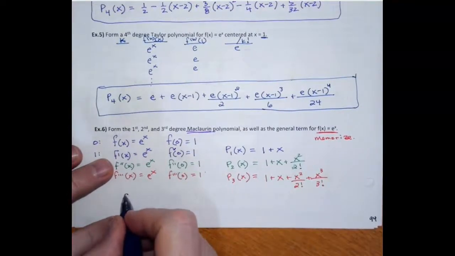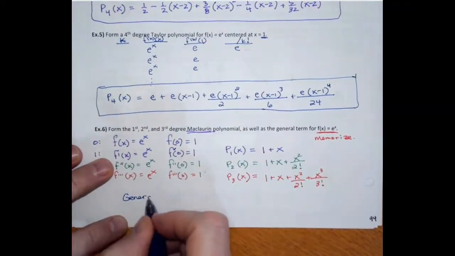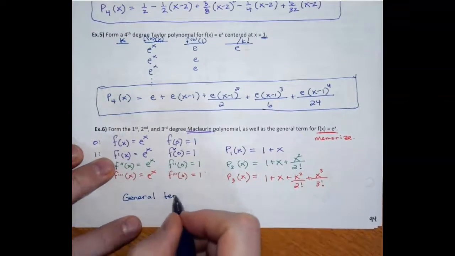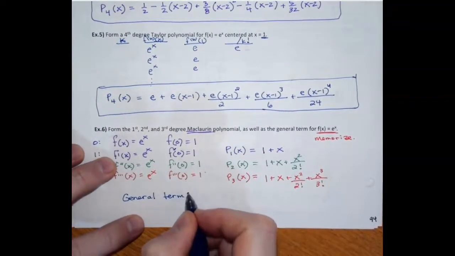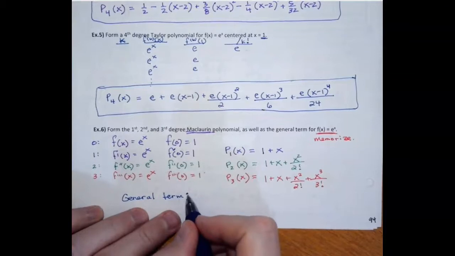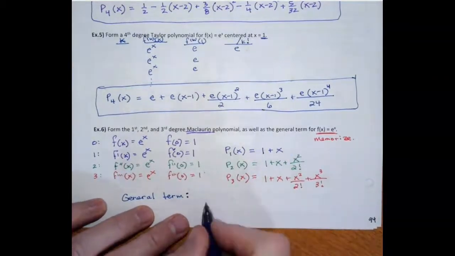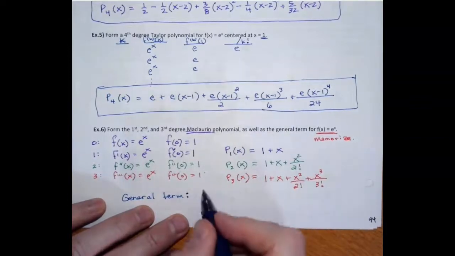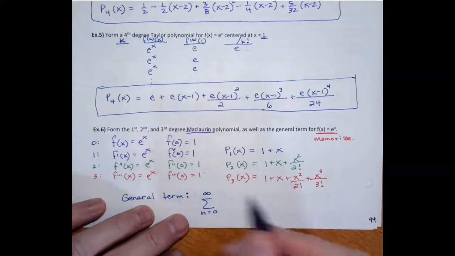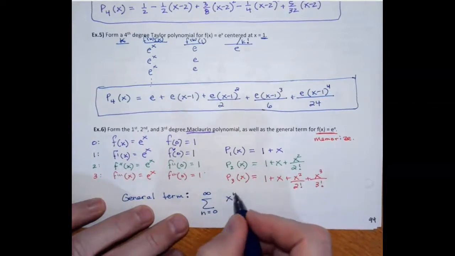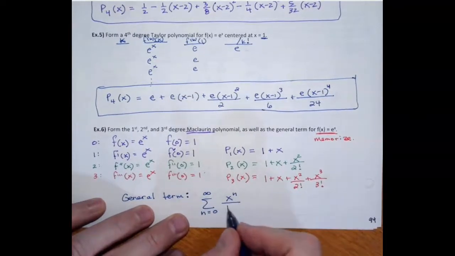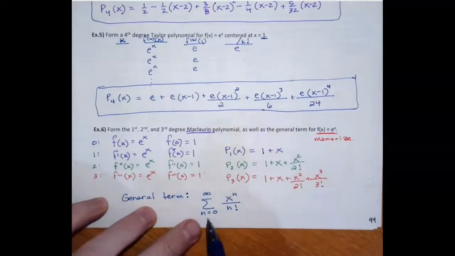Last thing here, the general term, any term. And I think they ask a question on the AP test, what would a certain term be? So it's the general formula, the sum from n equals 0 to infinity of x to the n over n factorial.